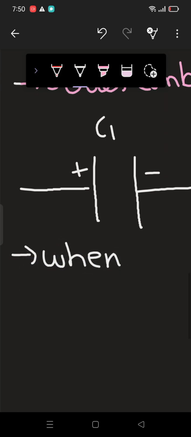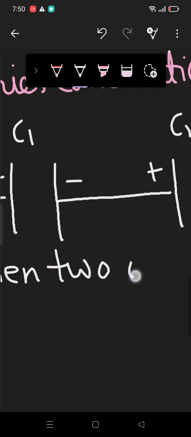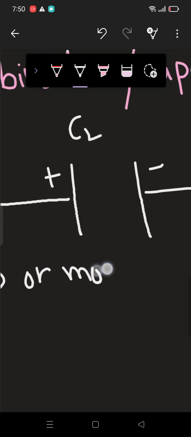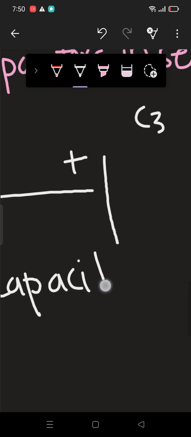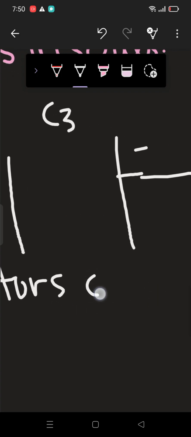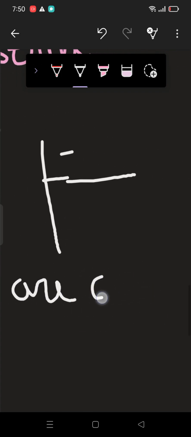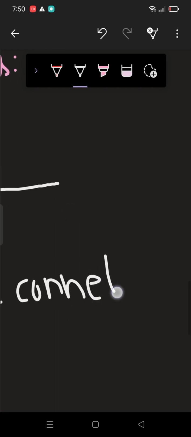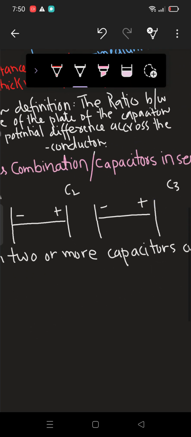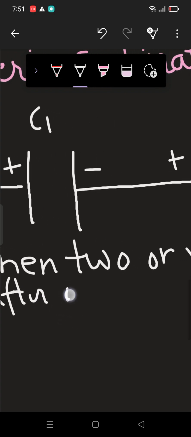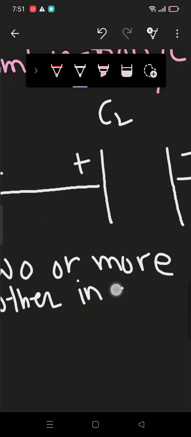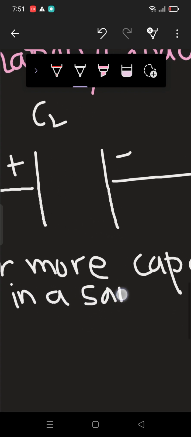When two or more capacitors are connected one after another in a same path, this is a very important point, in a same path, right?